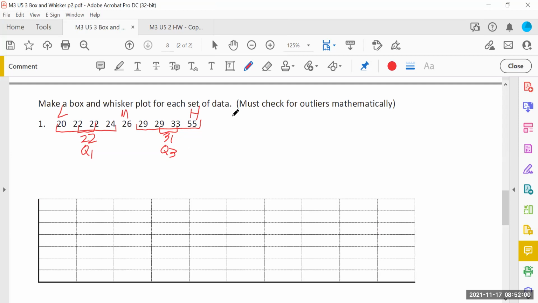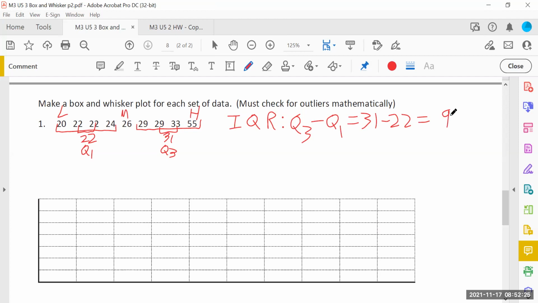Now the IQR. The IQR is the Q3 minus Q1. Q3 minus Q1, 31 minus 22. 31 minus 22 is 9.